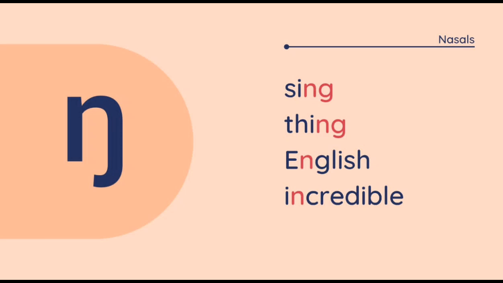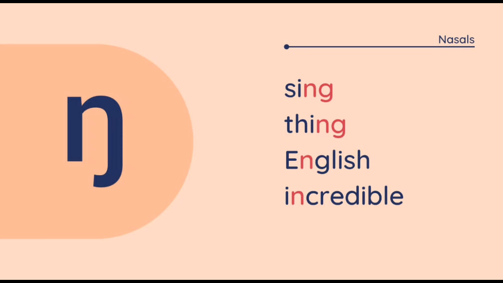Take note that sometimes it is very usual to mistake this sound with the n sound. However, the n sound takes place somewhere at the alveolar ridge, where the tongue and the alveolar ridge come together to pronounce the n sound.